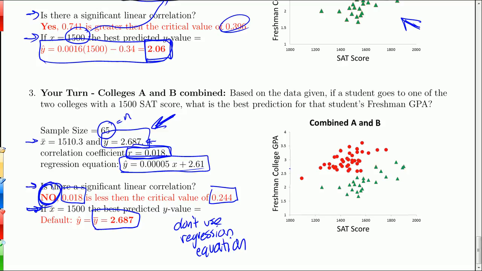This went from two nice correlations to none. But you can also get a case where you have, say, one group here with a nice strong positive, one group down here with a nice strong positive, but when you combine them, you actually get a negative correlation. So combining categories can not only wreck a good thing, it can create a fake good thing that really doesn't exist. So very careful.